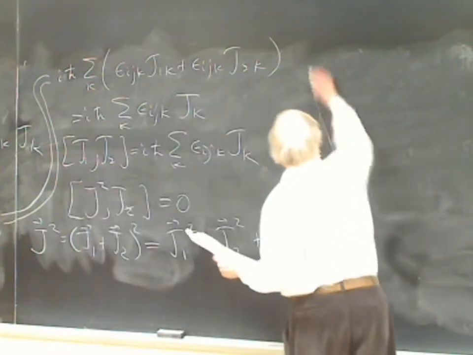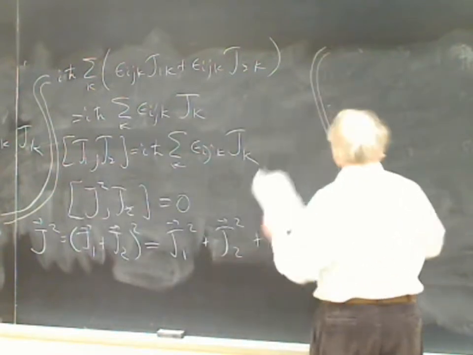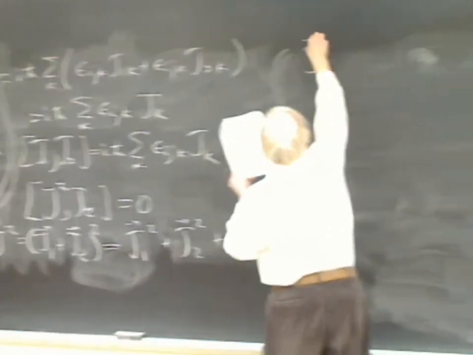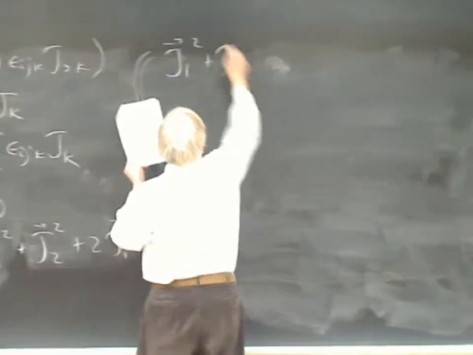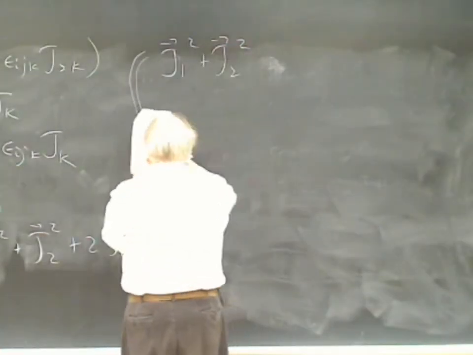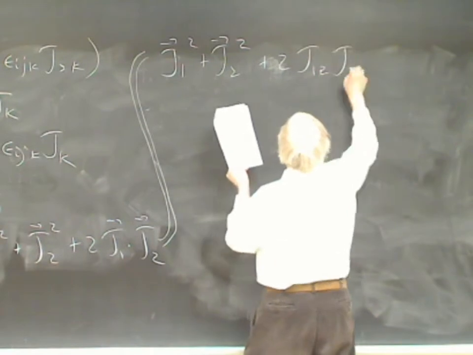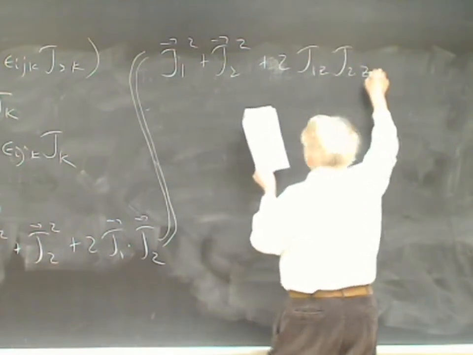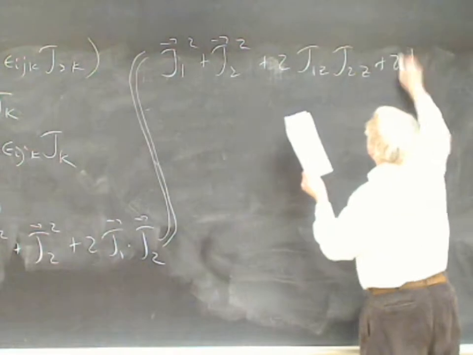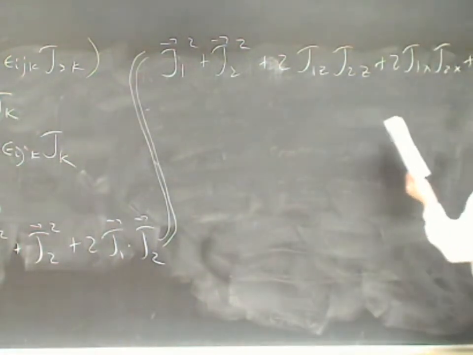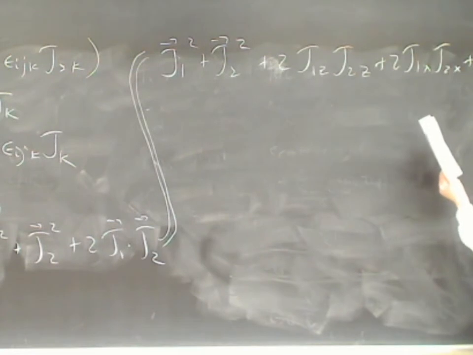If I continue this up here, this is J1 squared plus J2 squared plus 2 J1Z J2Z plus 2 J1X J2X plus 2 J1Y J2Y.